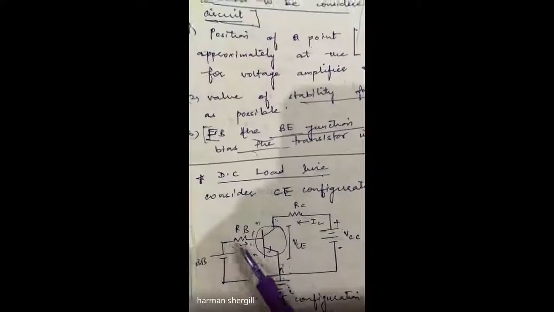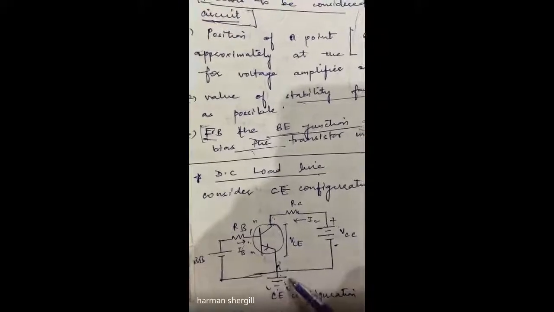So here I have taken a common emitter configuration. Now I have to connect a battery across it. As I have told you, in case of a transistor, we connect two power supplies. One is connected between base and emitter, between ground and the input terminal, and another between the output terminal and the ground terminal.